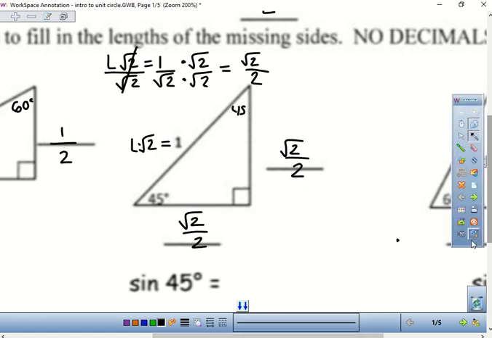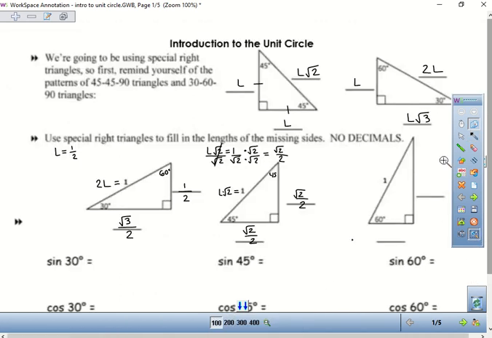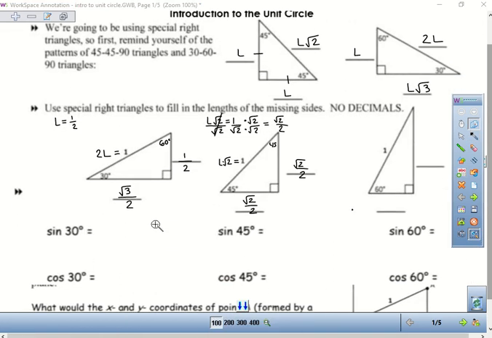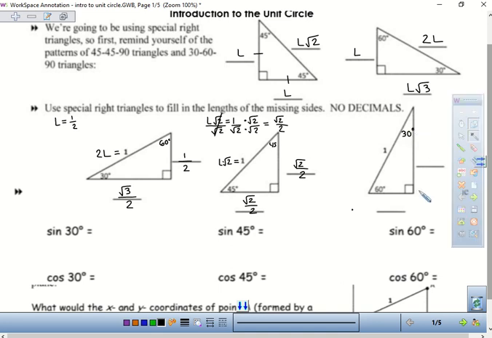Now if I zoom out here, what do you notice about the first and the third triangle? They're the same triangle, but they've been positioned differently. The side across from the 60 is radical 3 over 2. The one across from the 30 will be 1/2.